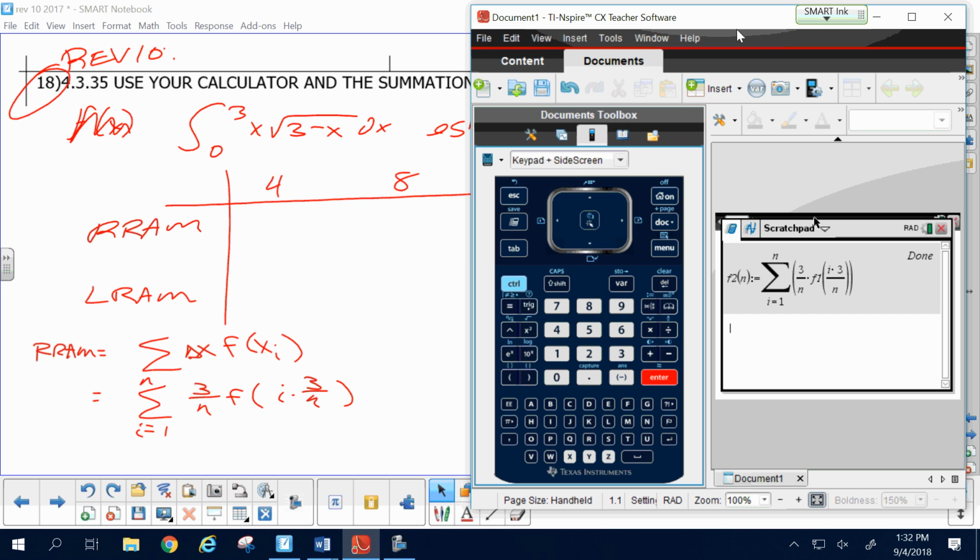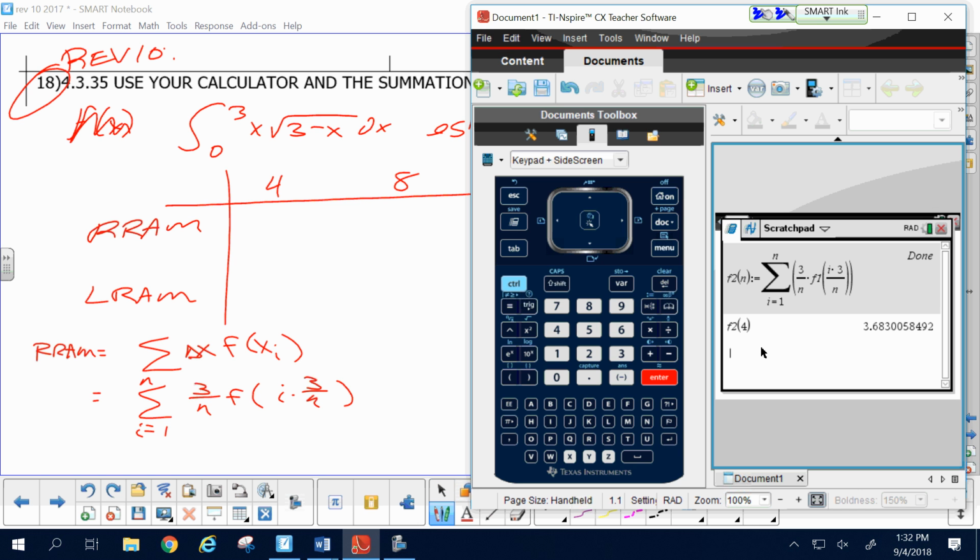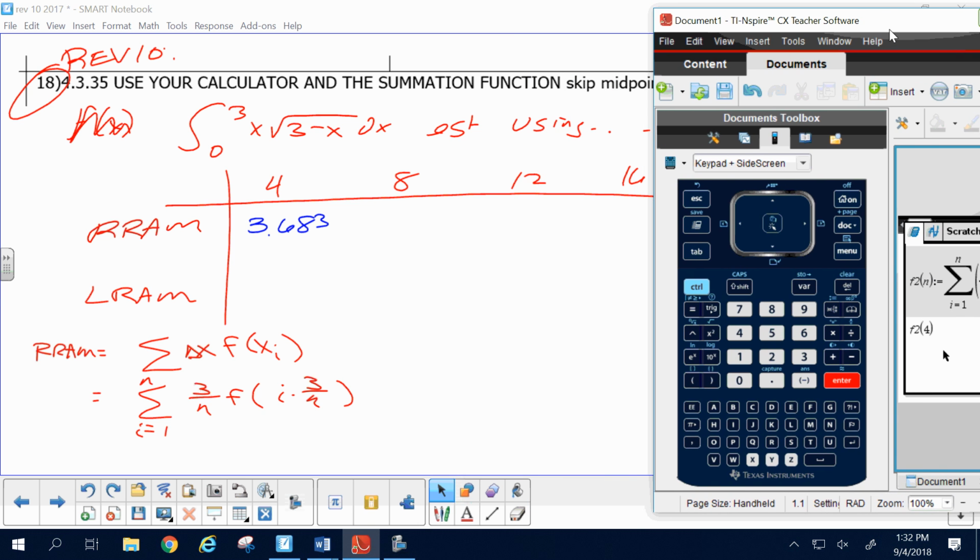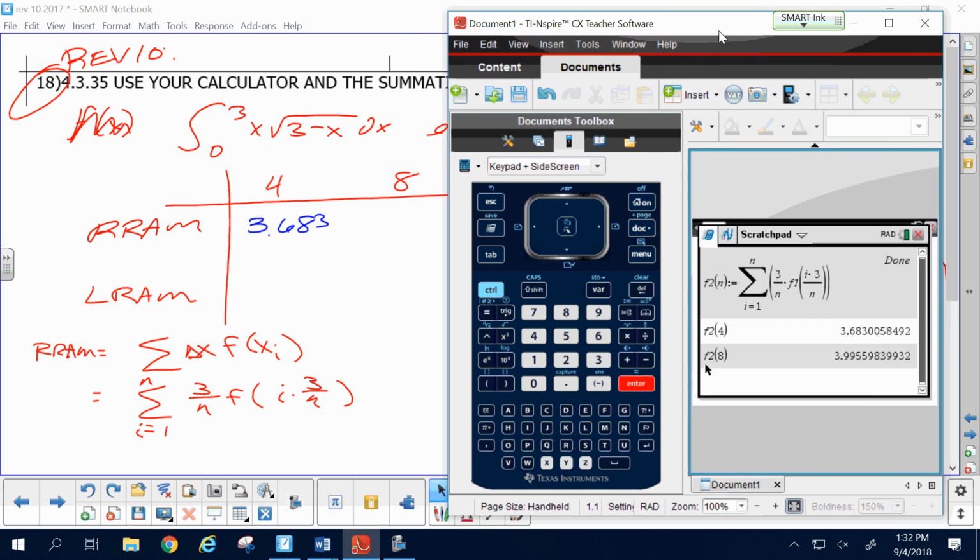Now, I want to know what the area under this would be if I estimated it using 4 rectangles. So I'm going to use my program: f2 at 4. If you use 4 rectangles, you would get 3.683. If you use 8 rectangles, I can't see this, 3.995.